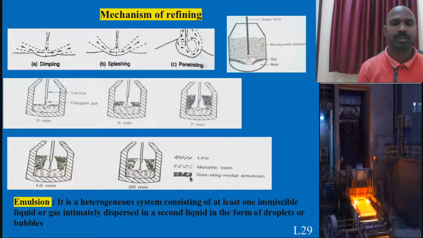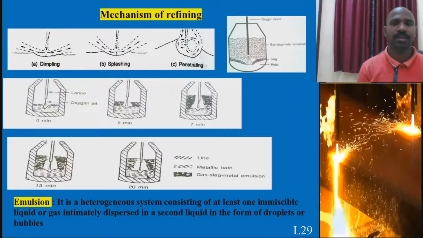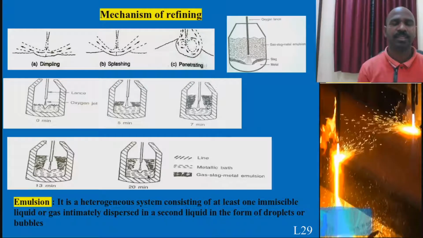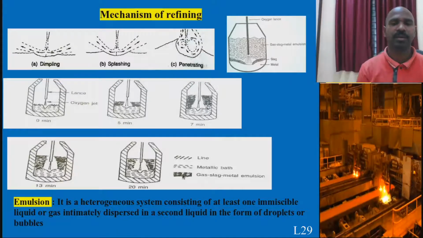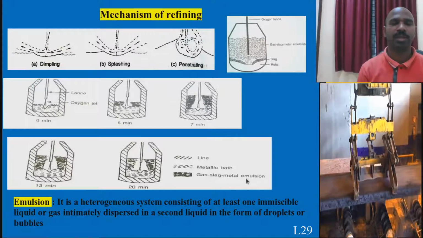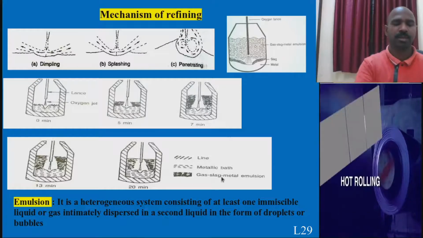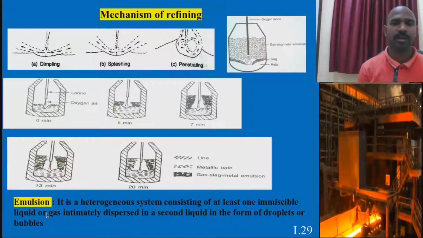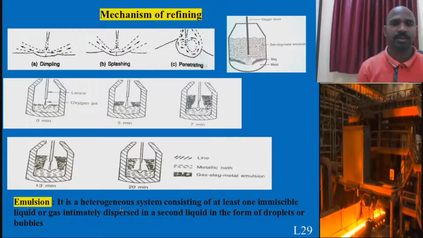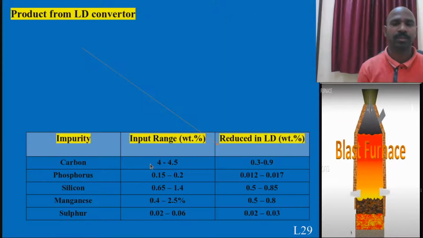These scratch lines belong to the refractory lining, and this is the molten metal bath of steel. This particular design is the interface of slag-metal reaction. An emulsion is a gas-liquid combination. These things will also form in this situation.